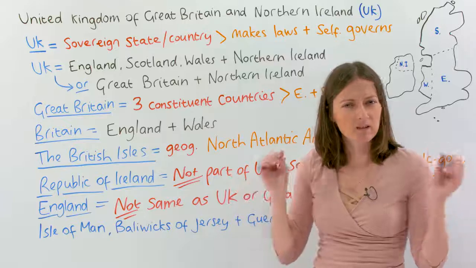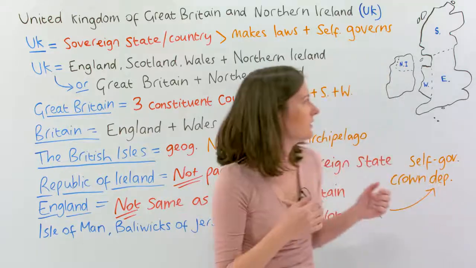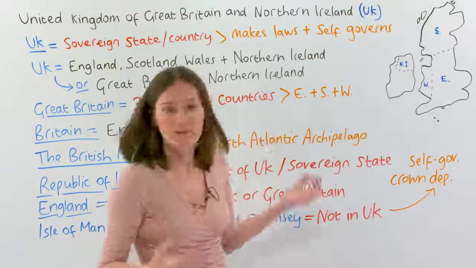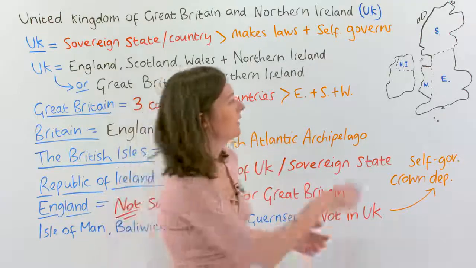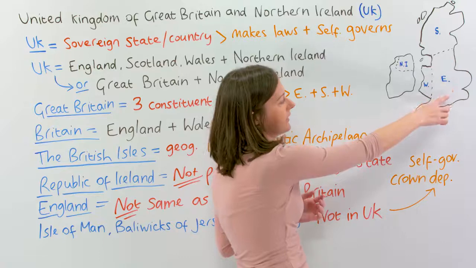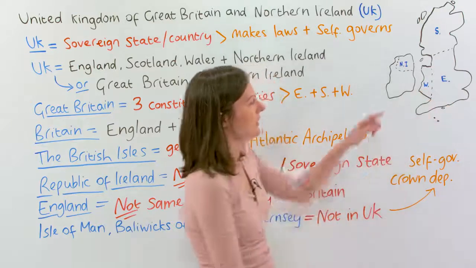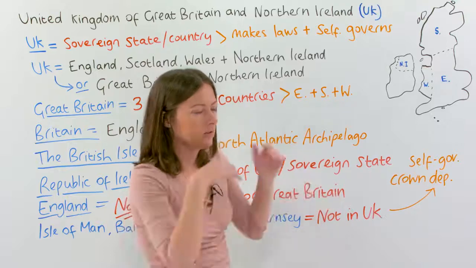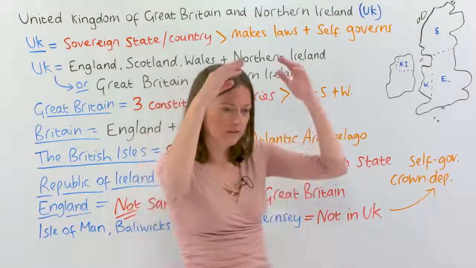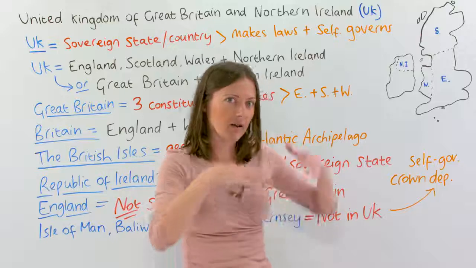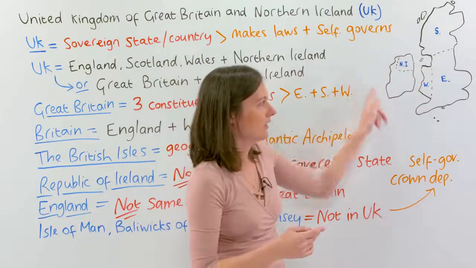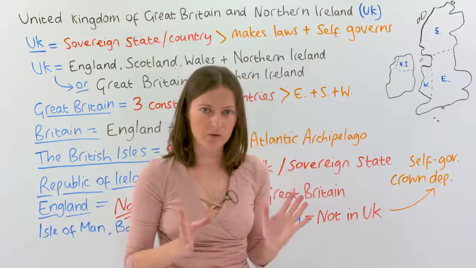But the reason that's confusing is that when we're describing a place in the world, we talk about Scotland, England, Wales, and Ireland as being countries. So you think, if the UK is a country, are Scotland, England, Wales, and Ireland also a country?